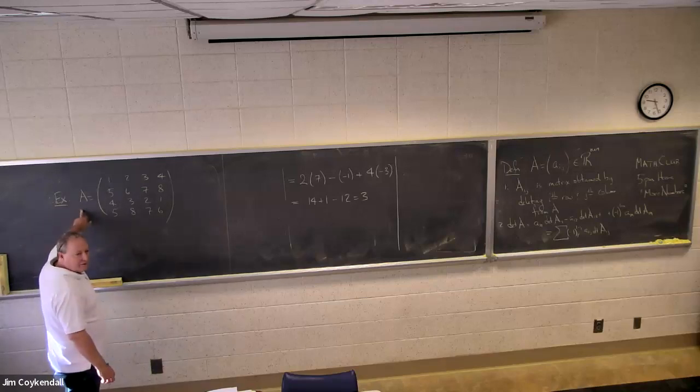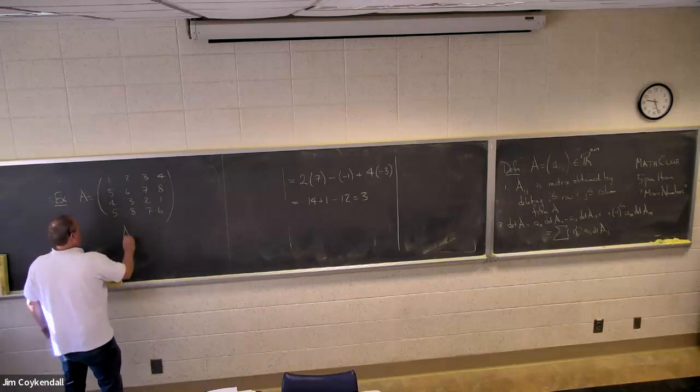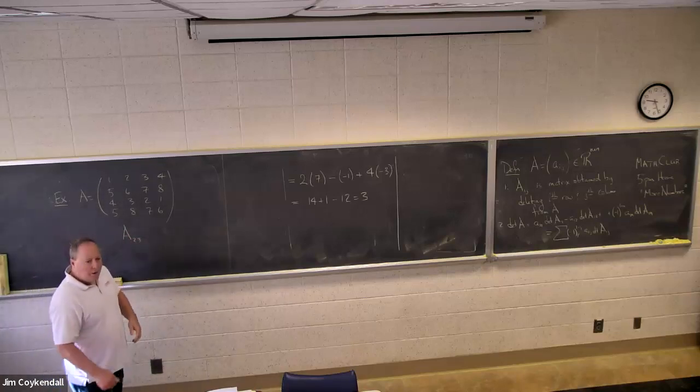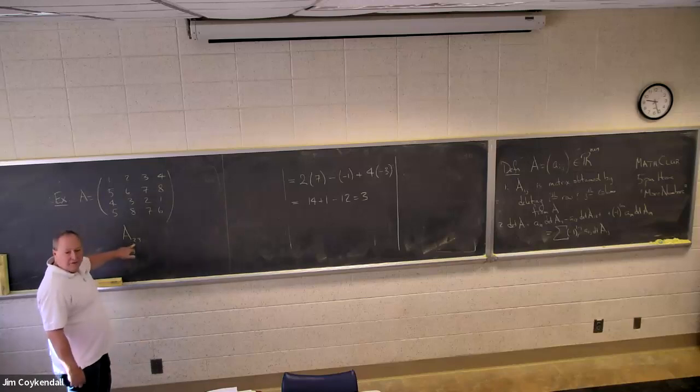If A is this, then A_23, what do I mean by this notation here? This is the matrix.